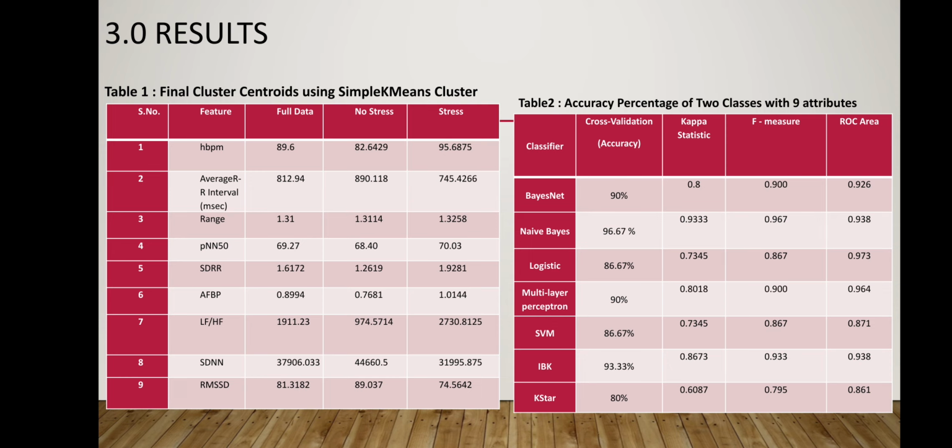Apart from accuracies, we have also mentioned a few performance parameters for the respective algorithms like the F-measure, kappa statistic, and the ROC area. It is evident from the table that naive Bayes is the best performer among the 7 classifiers tested for ECG classification, whereas random tree is the worst performer.